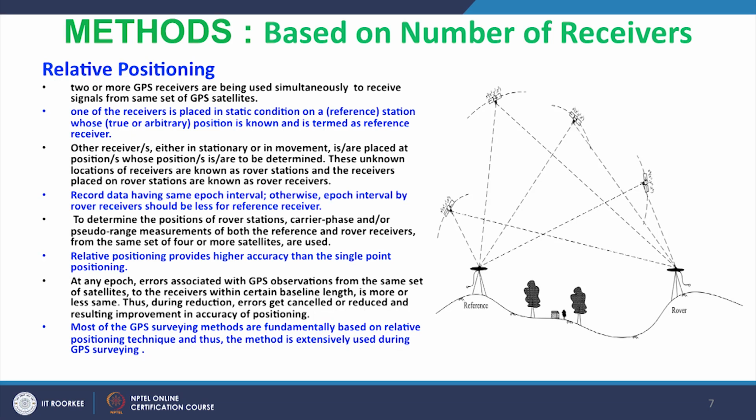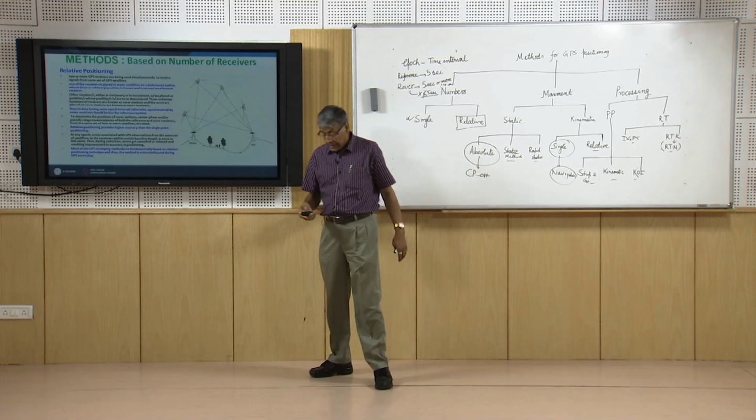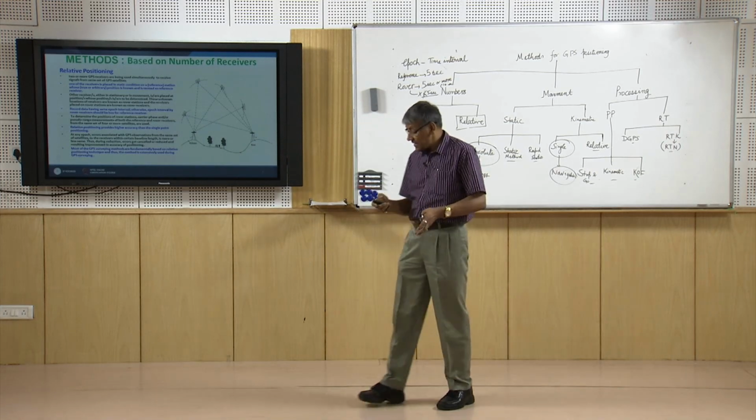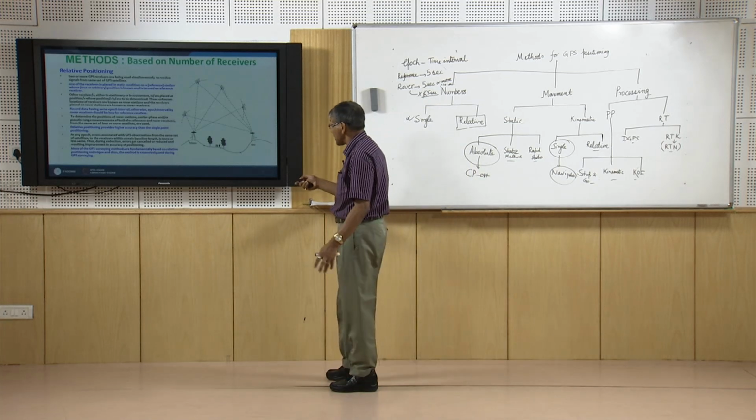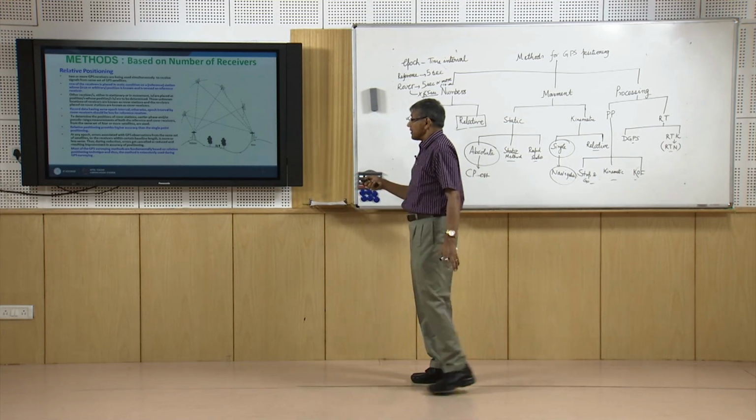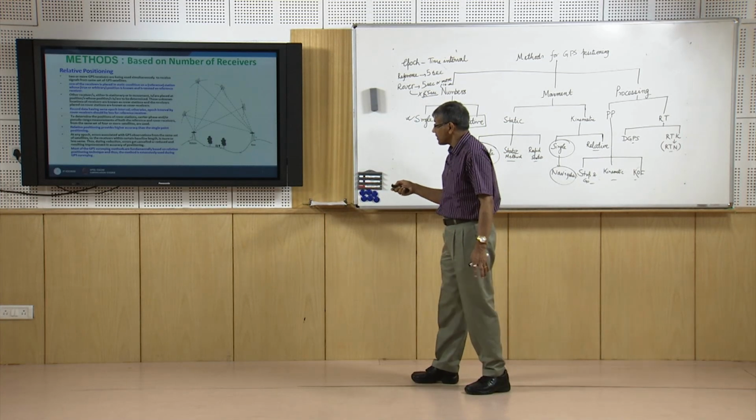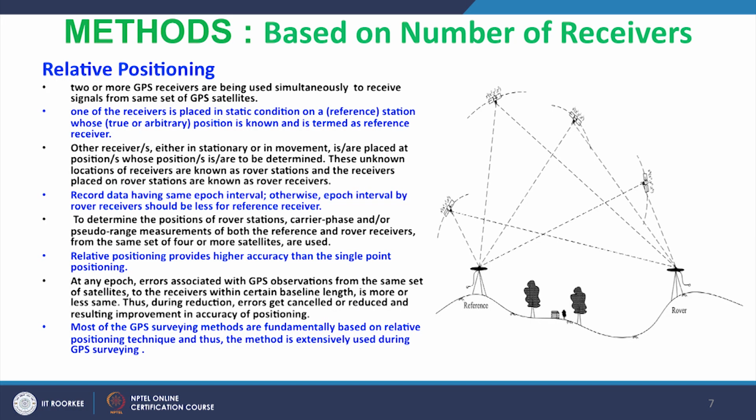Now, after making the observation in relative mode, we process the data from both the reference and the rover receiver together, and as we process the data together, there is every possibility that the error in observation in the reference receiver and the error in observation in the rover receiver will be more or less identical.